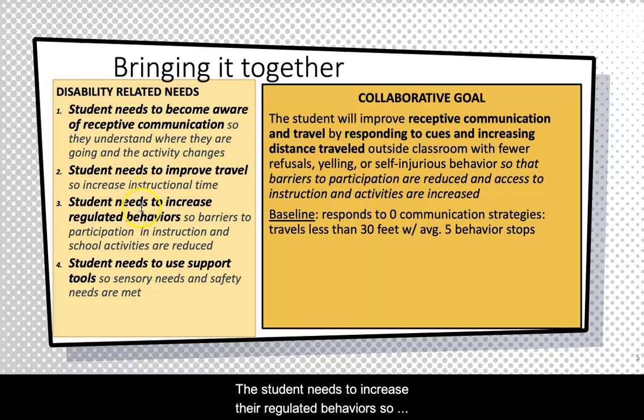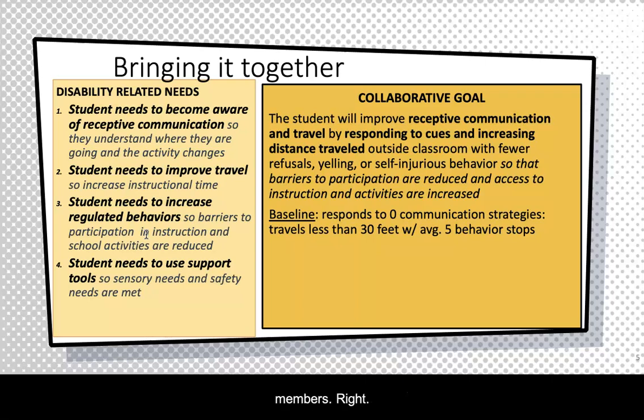The student needs to increase their regulated behaviors so that they can engage in instruction and school activities and the behaviors are reduced. And the student needs to use necessary and provided support tools so that they can meet their sensory needs and feel safe, because we're addressing potentially those feelings of safety that were brought up by the various team members, right?